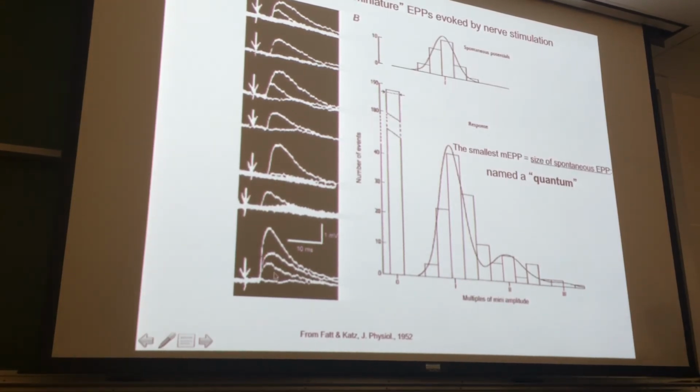The littlest one you plot here, and how many did you get? You got a lot of them. This was done under conditions where you lower the calcium, where when you stimulate, most of the time it's not working. So there's actually a whole lot of zero here. And this is the smallest one, and it lined up beautifully with the distribution of the discrete spontaneous one.